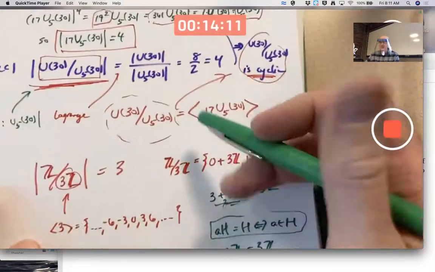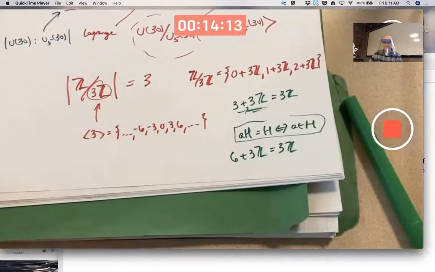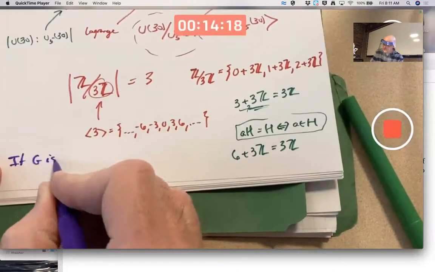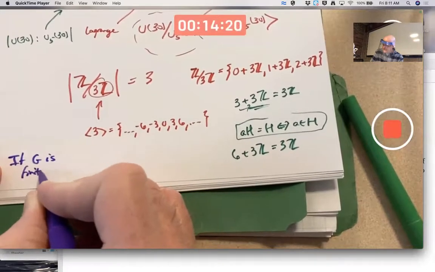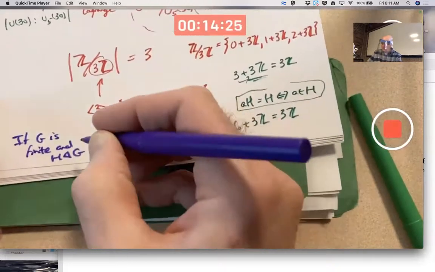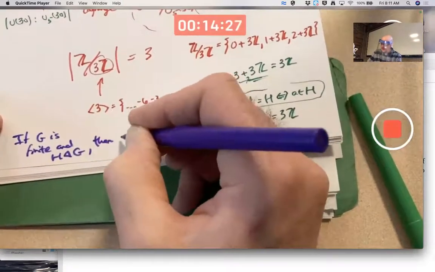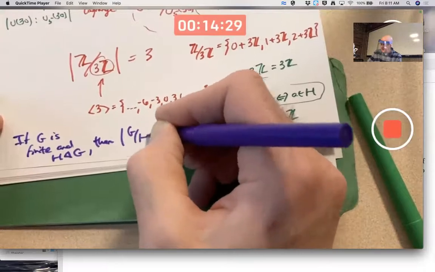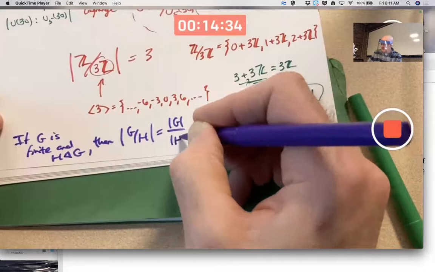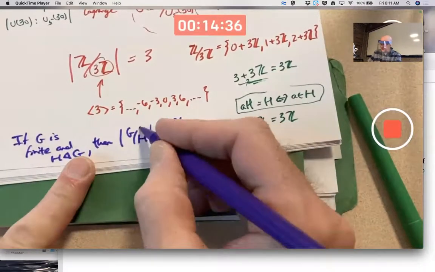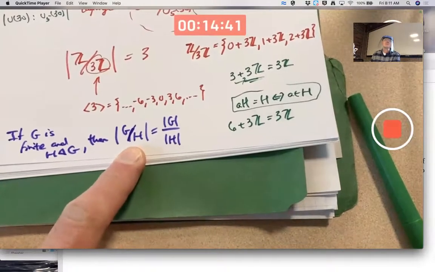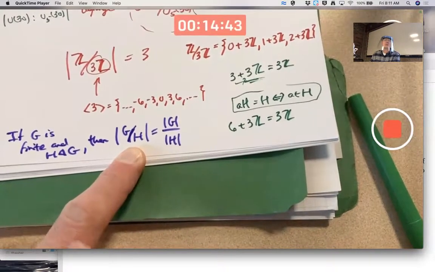But yeah, if your groups are finite, if G is finite, and H is a normal subgroup of G, then the order of the factor group is the ratio of the order of G to the order of H, which you might say is another good reason for this kind of notation for factor groups, to make it look like a division.